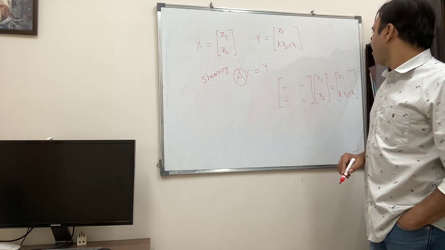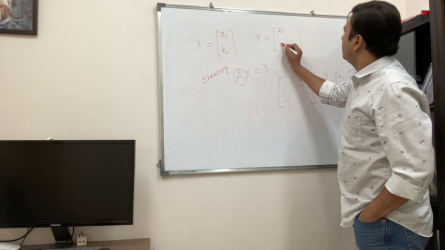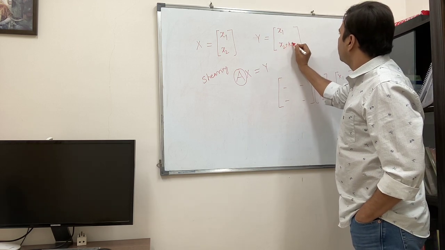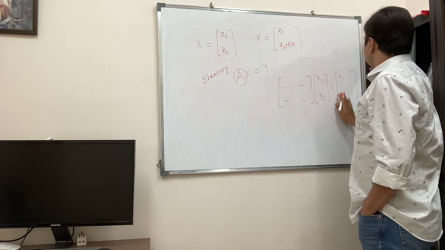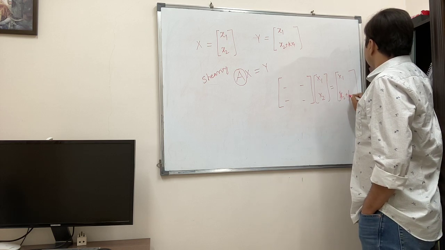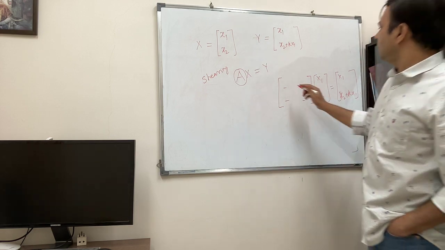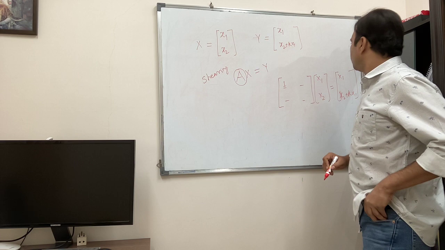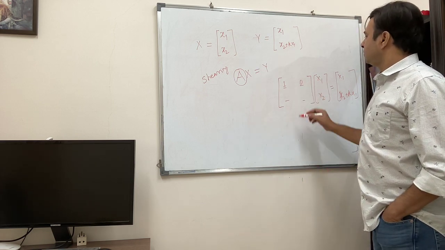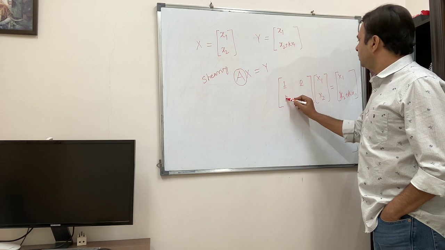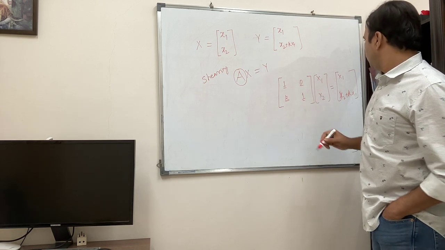Actually let me do this, it is better: x2 plus kx1. Any idea? So you're saying something like 1, 0, k, and 1 again. Will it give me that?